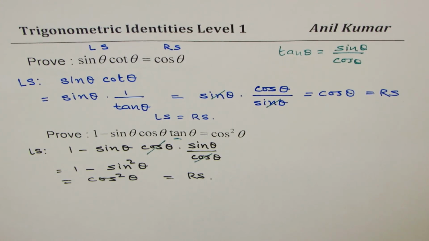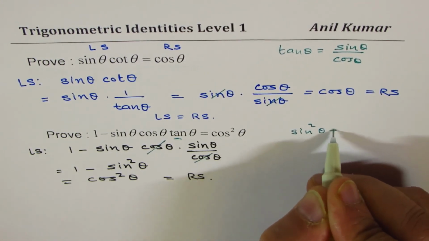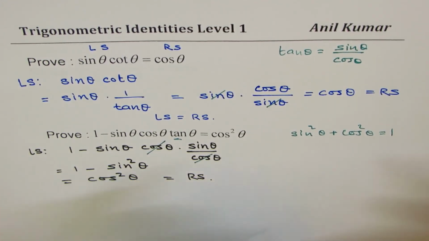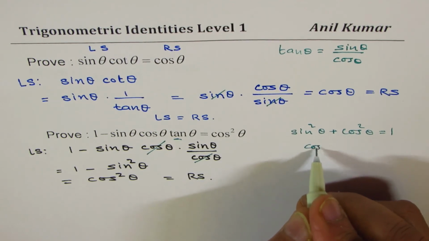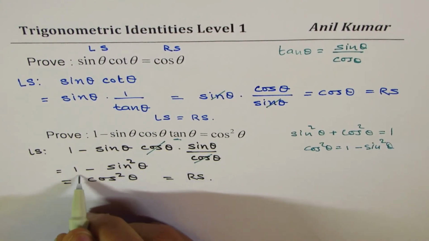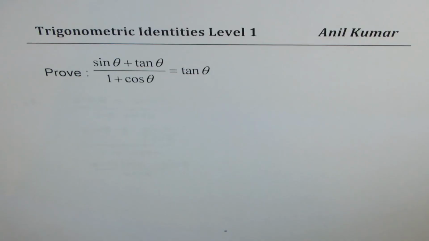So here we used the Pythagorean identity sine square theta plus cos square theta equals 1, we kind of rearranged it, right? So we say cos square theta equals 1 minus sine square theta. So that is what we used here and got our result. So I hope the steps are clear.